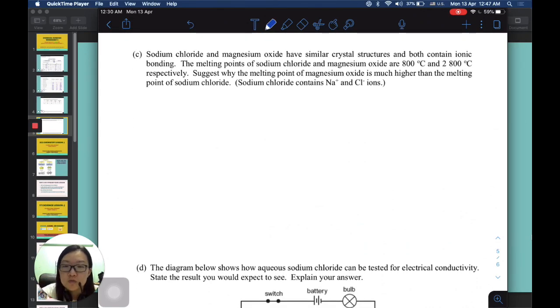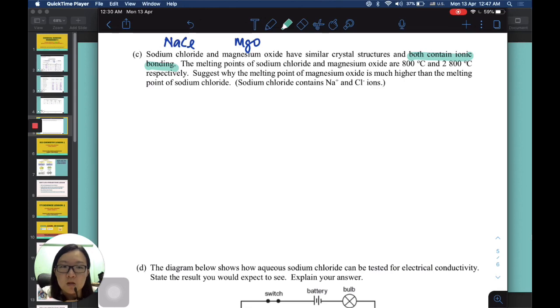Sodium chloride and magnesium oxide have similar crystal structures and both contain ionic bonding. Up to this stage, you should be familiar with the naming as well as the chemical formula already. Sodium chloride is NaCl, magnesium oxide is MgO. But even if you don't know, the question is helping you, right?